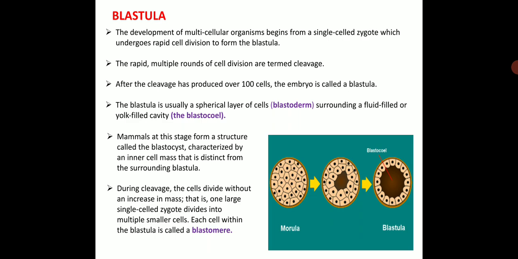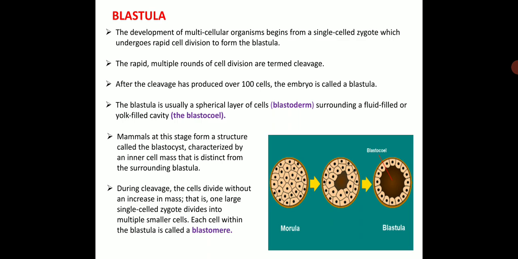During the cleavage, the cells start to divide without increase in mass. That means there is no growth at all. One large single-celled zygote gets divided into multiple smaller cells. Each cell within the blastula we call a blastomere.